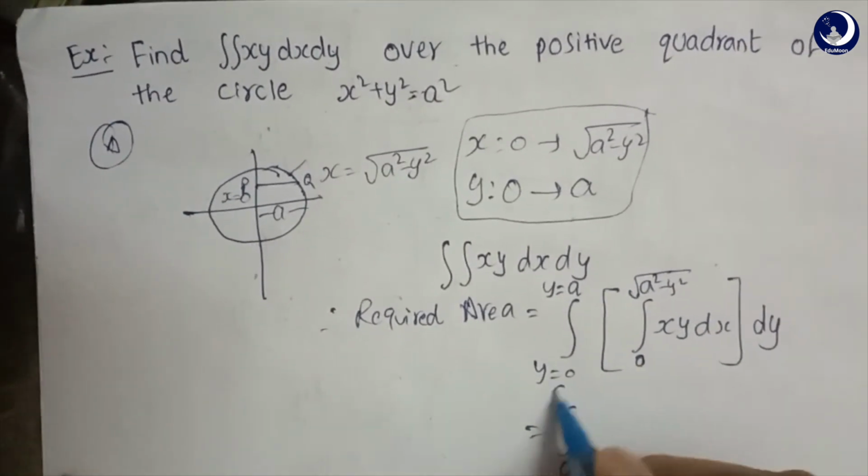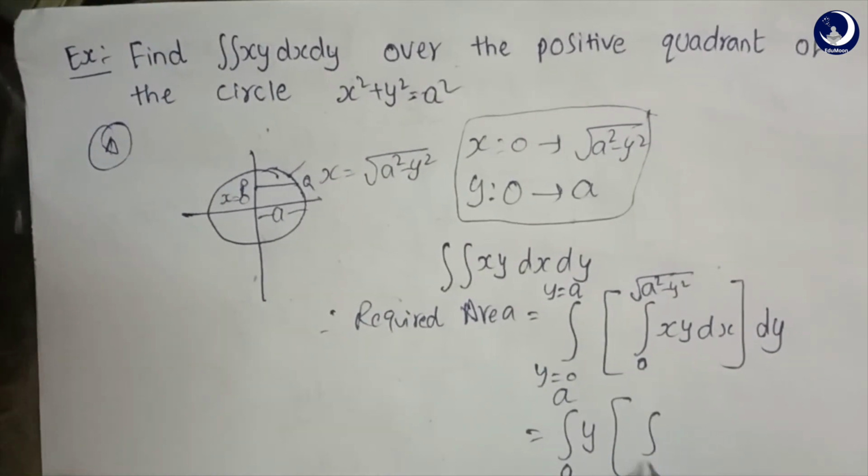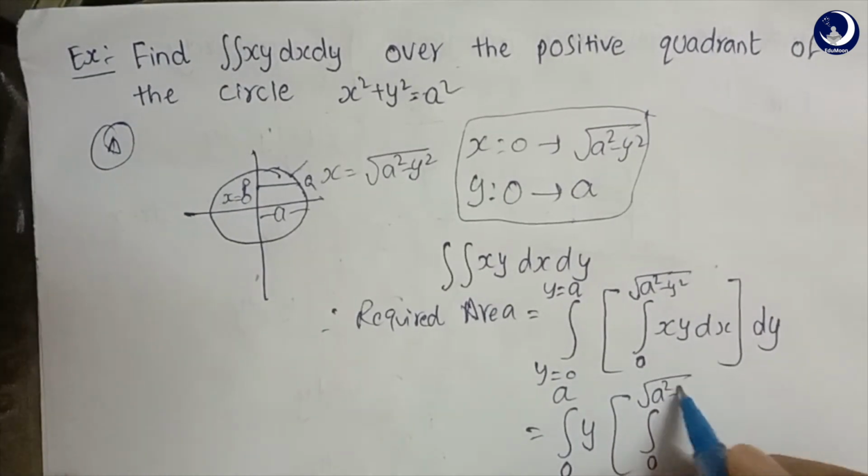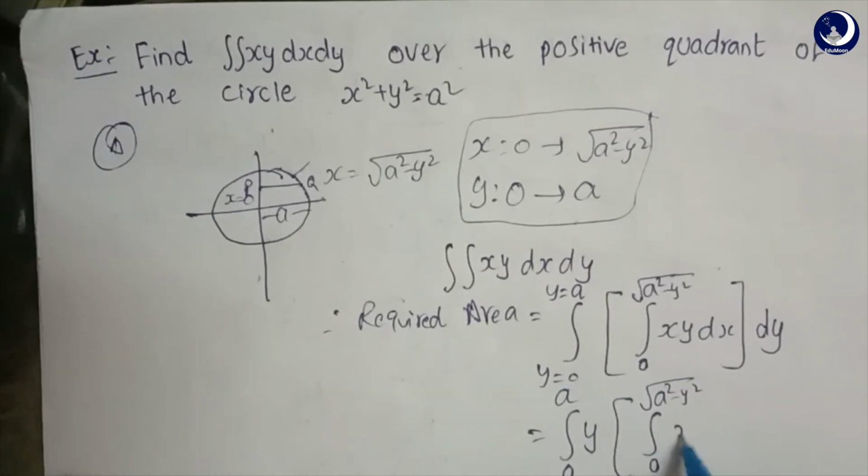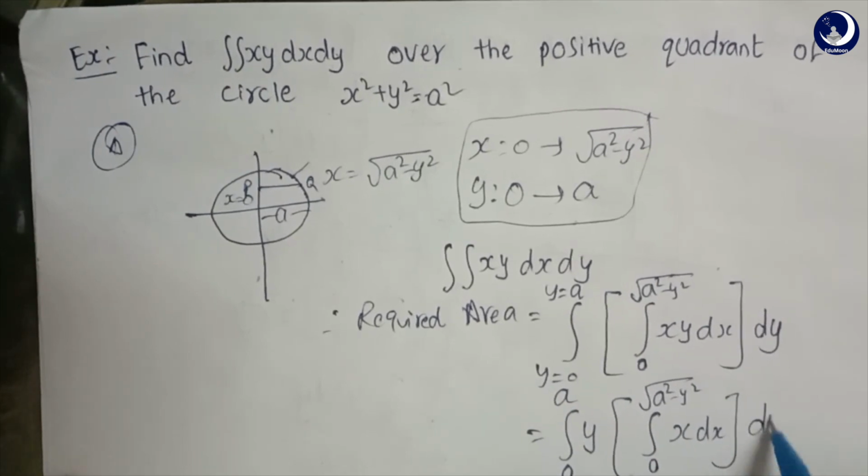So here, integral 0 to a, y, integral 0 to root over a square minus y square, x dx dy.